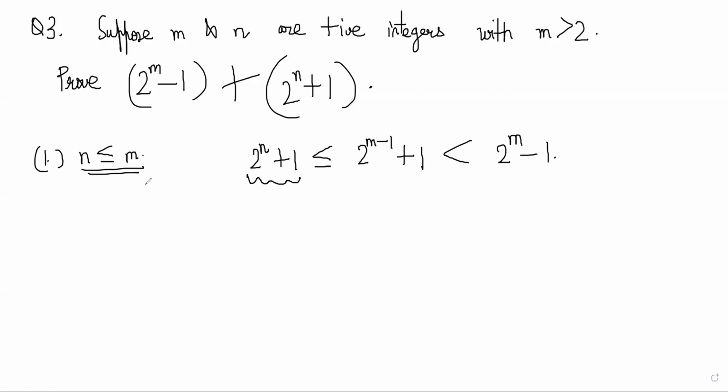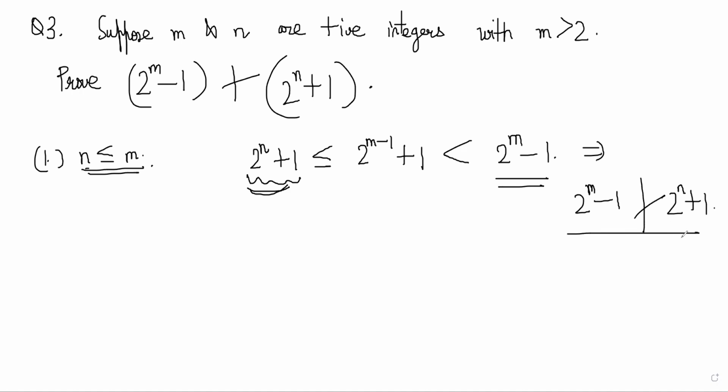So if n is less than m, I can show that the number here, 2^n plus 1, is less than 2^m minus 1. Therefore 2^m minus 1 cannot divide 2^n plus 1, right? And this is all under the situation where m is greater than 2.